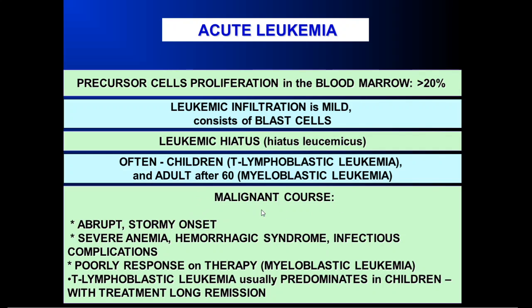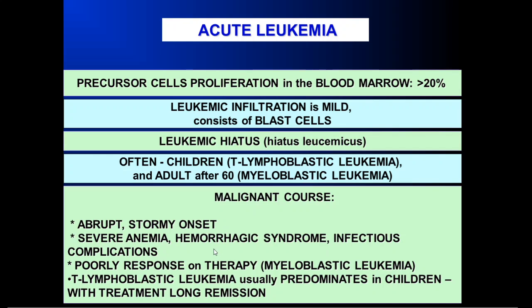So, malignant course. Acute leukemia is a malignant tumor. Obviously, it has a malignant course. Abrupt, stormy onset. That's why we can name it acute leukemia.